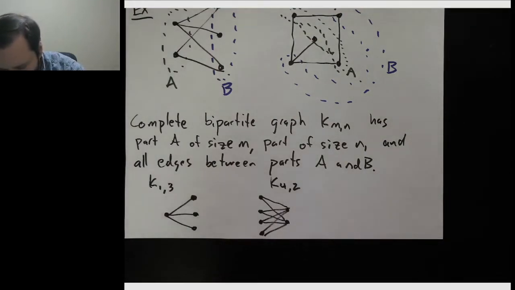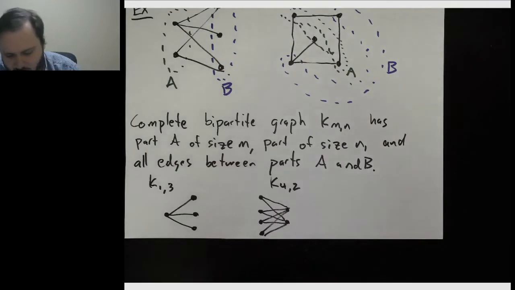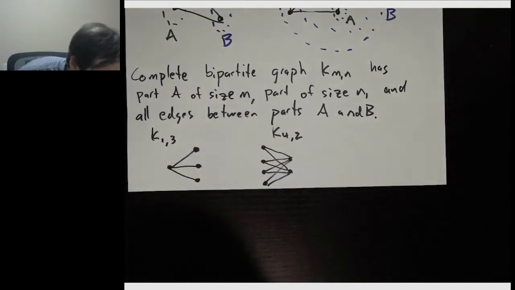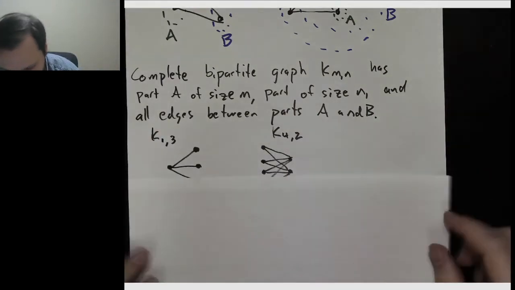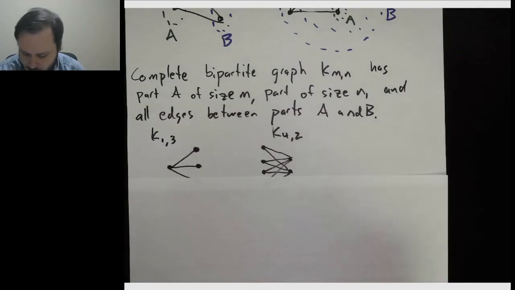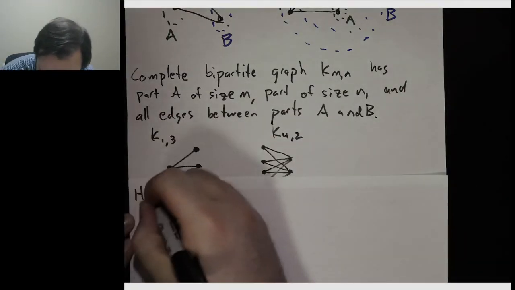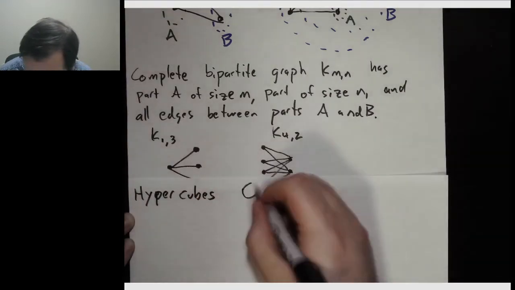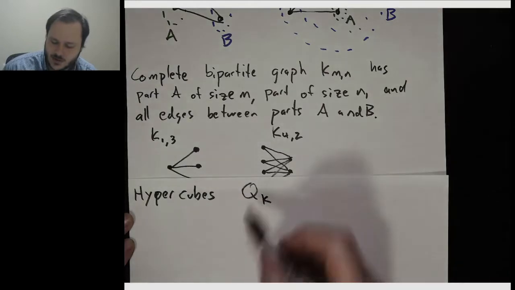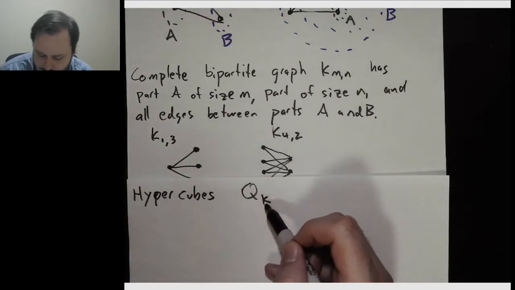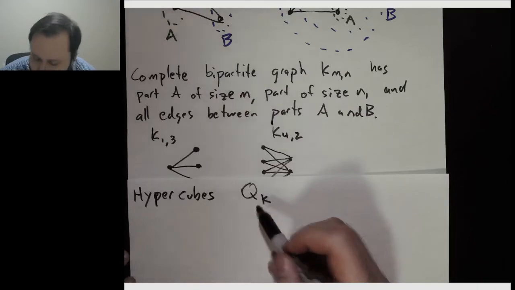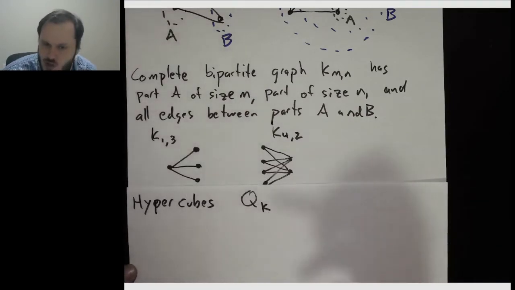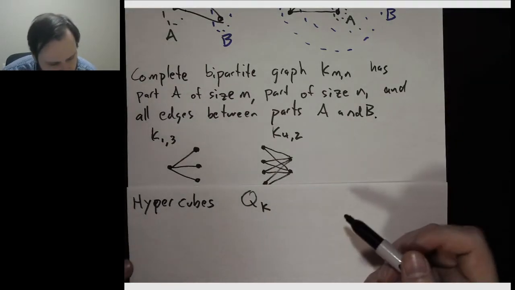Okay, and one more common type of graph that we'll see are called the hypercubes. And here the hypercubes have Q, but I'm going to use Q_K instead of Q_N. And the reason is that hypercubes don't have K vertices. They have 2^K vertices.